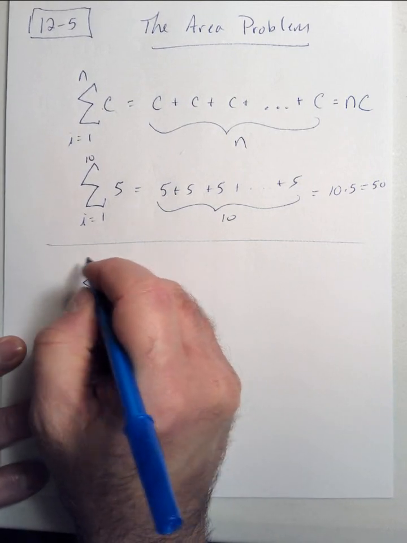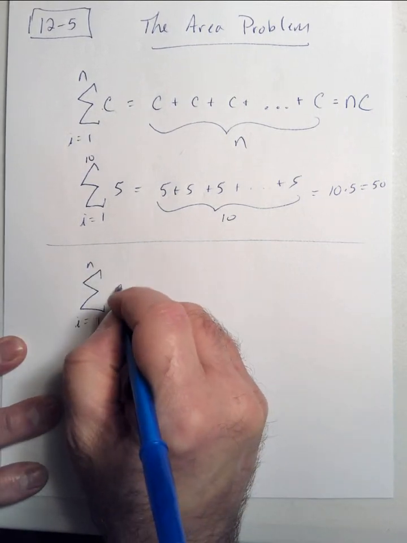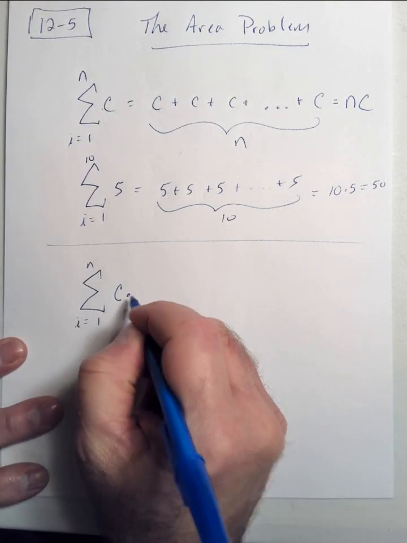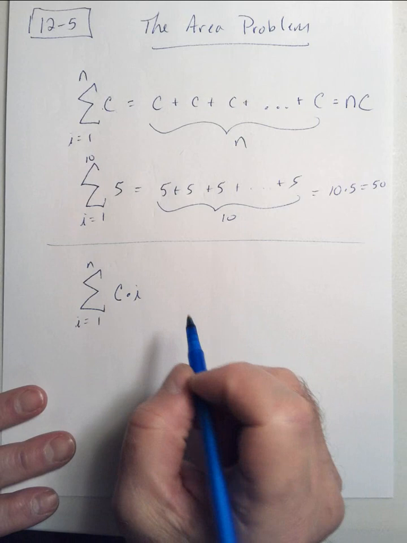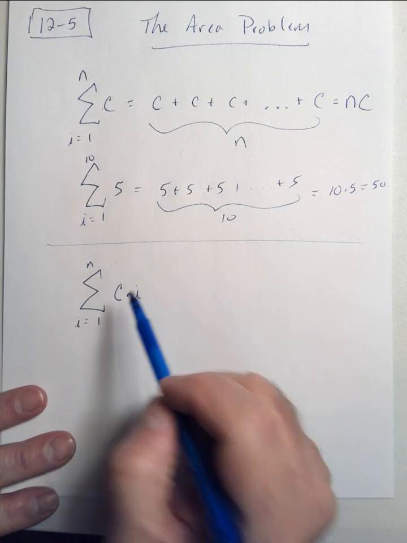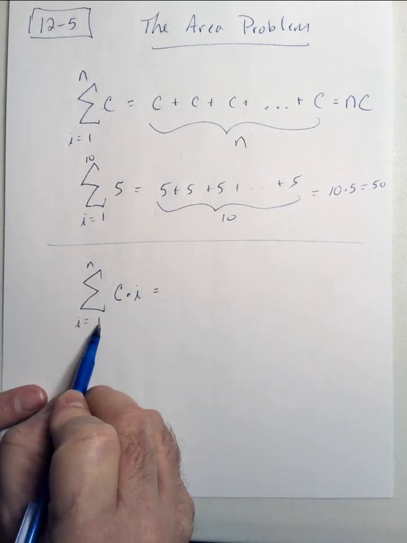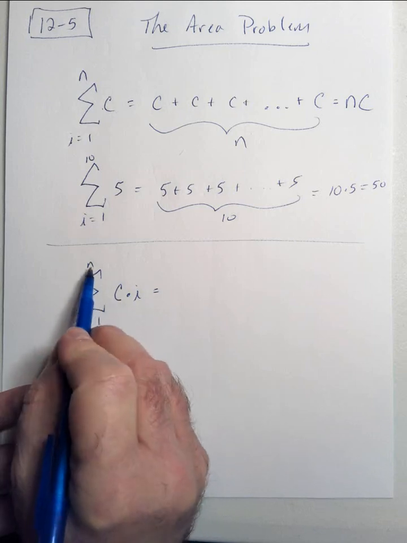Okay, the next important property is, let's say I goes from 1 to n again of C, which is still a constant, now times I. This is the property I was starting to get into in 12.4, and I said we'll come back to it in 12.5. So here we go, we're coming back to it. This is your starting value, and this is your ending value.